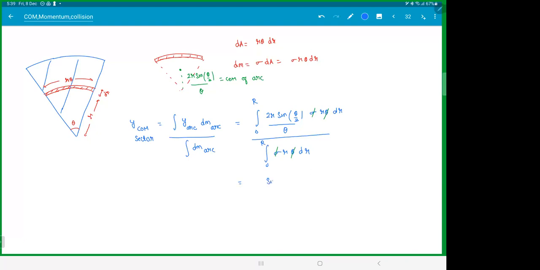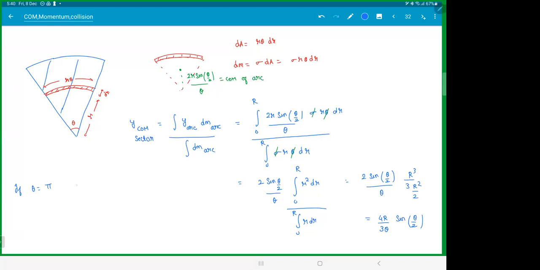Then you can put sine theta by 2 by theta outside. 2 also. r square dr from 0 to r, over r dr from 0 to r. That would be r cubed by 3. This would be r square by 2. That would be 4r by 3 theta sine theta by 2. That's your center of mass of the sector.